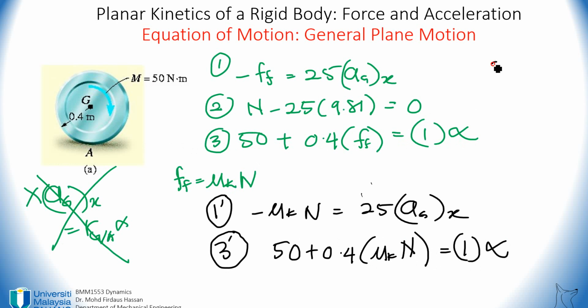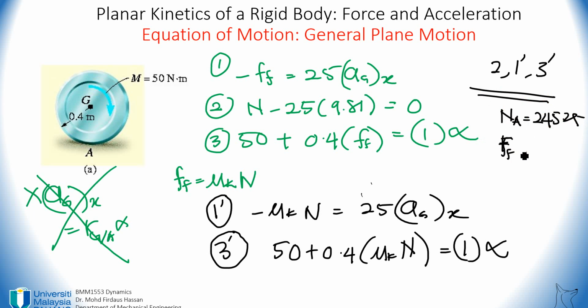All right, from these 3 equations, equation number 2, 1 prime and 3 prime, you can solve it, where you can find N, of course, 245.25. And then you have Ff, basically, if I remain using Ff to the left, negative 61.31.